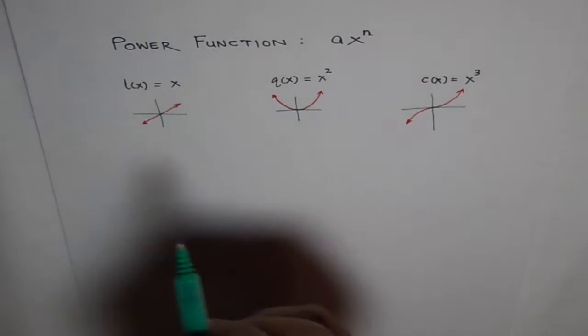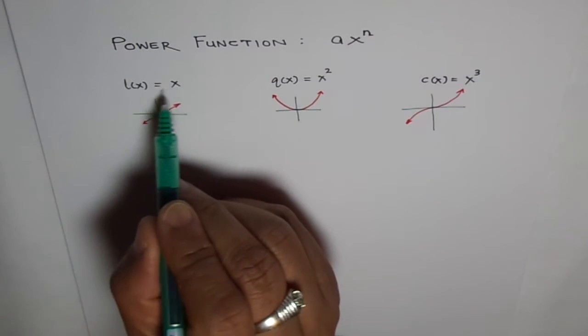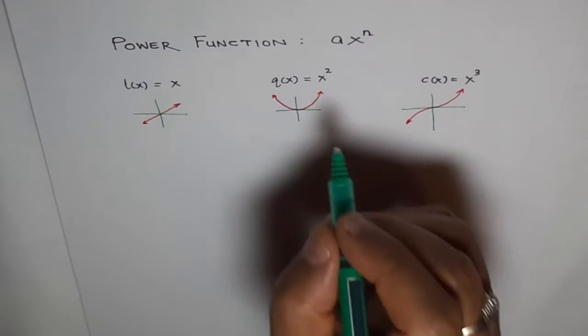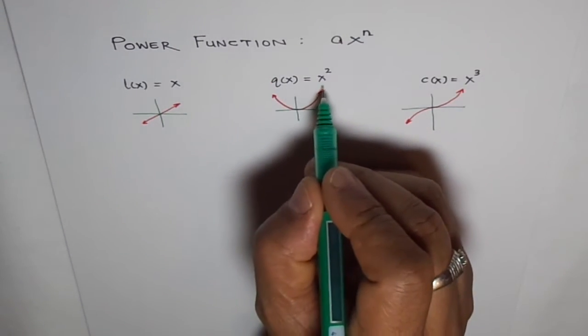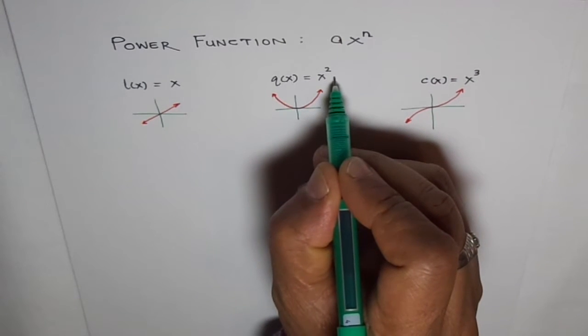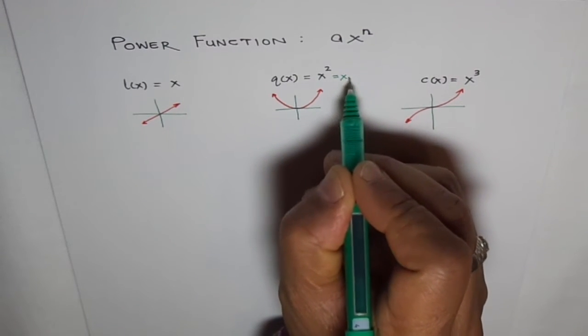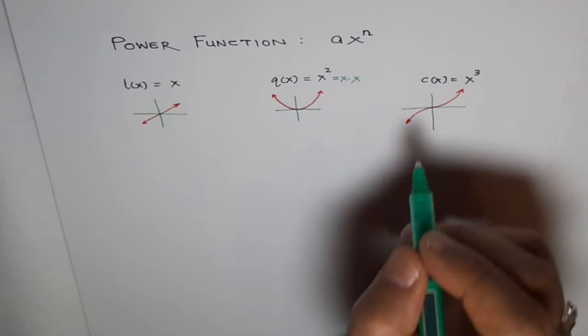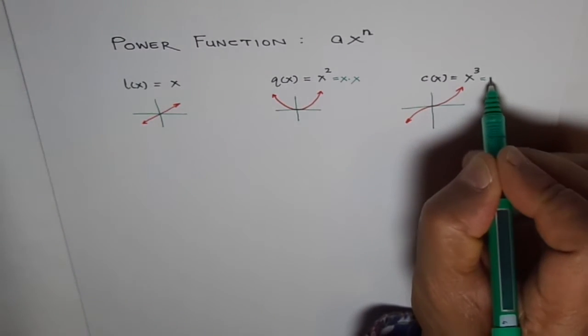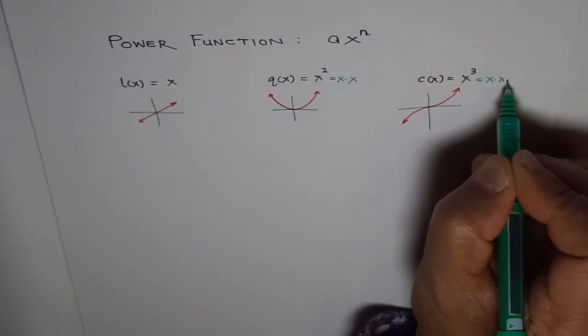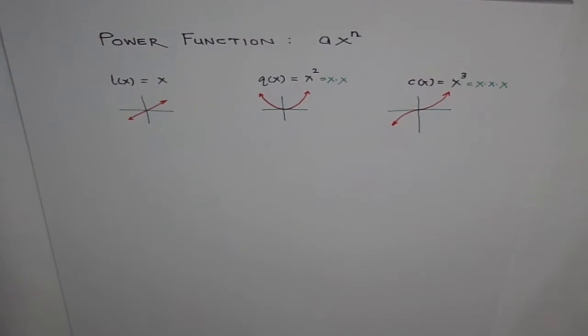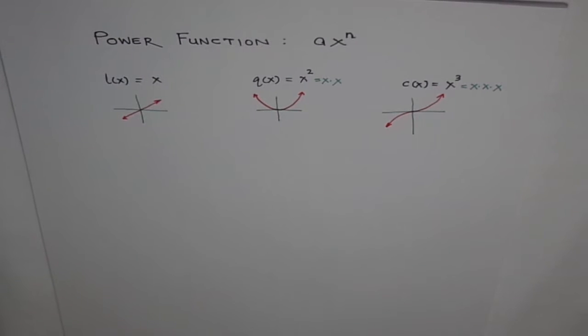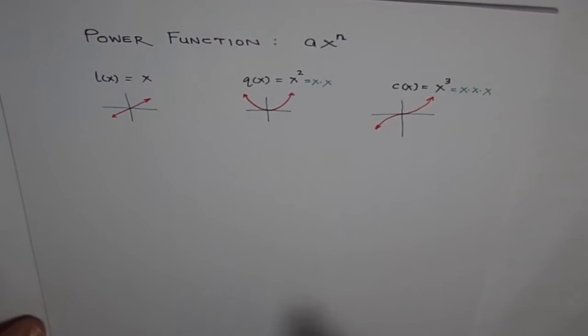L(x) equals x is linear, but Q(x) is x squared, which is like x times x, so it's like 2 x's, and x cubed is x times x times x. There are 3 x's involved. How do they make things different? This is what we have to understand.